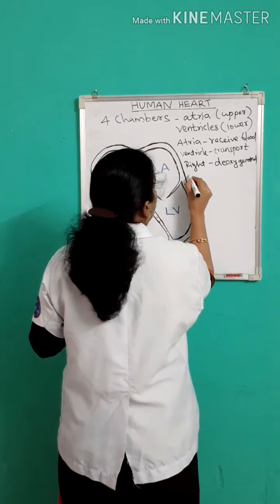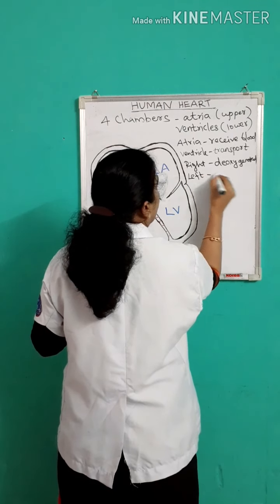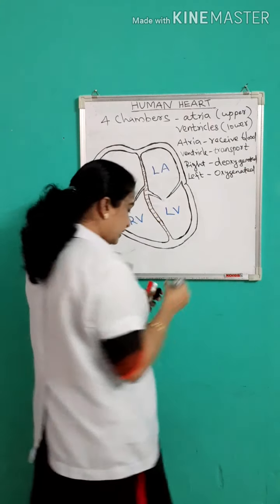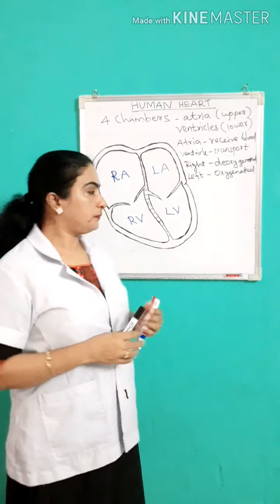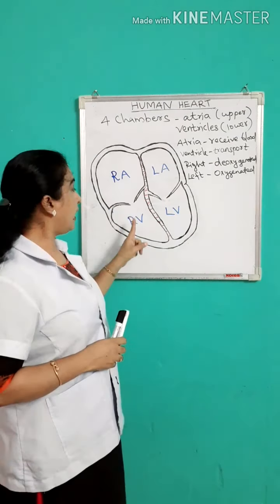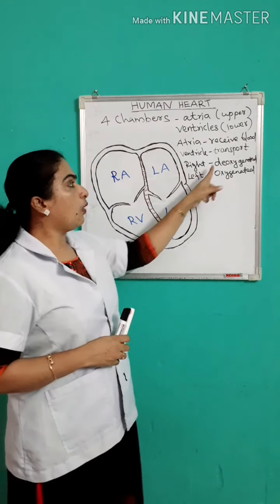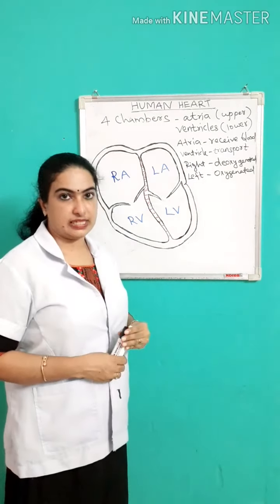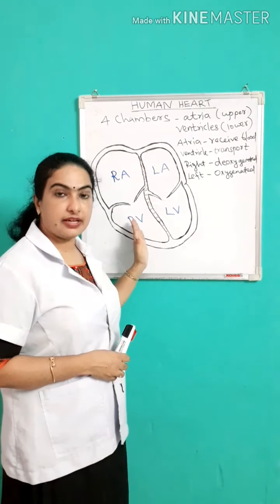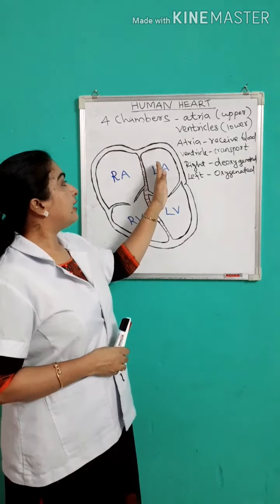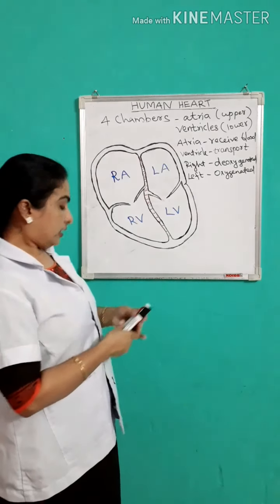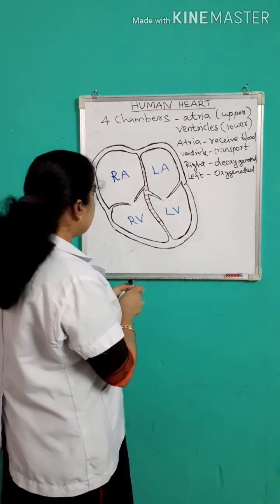Oxygenated blood means the blood which contains oxygen. Once more, the right atrium and right ventricle always carry deoxygenated blood. That means the right chambers of the heart always carry deoxygenated blood and the left chambers of the heart always carry oxygenated blood.